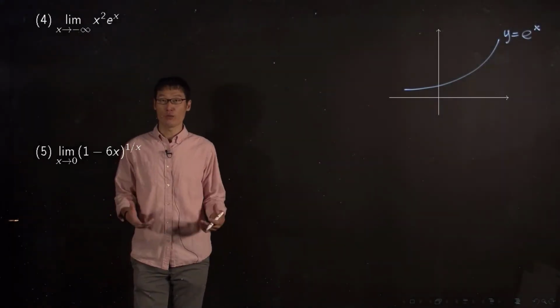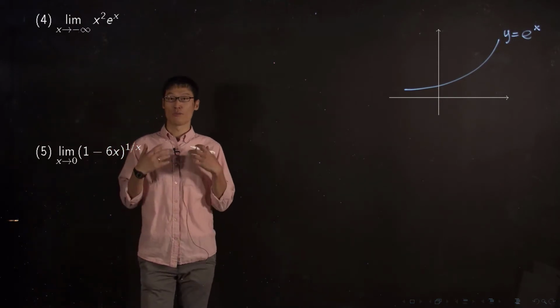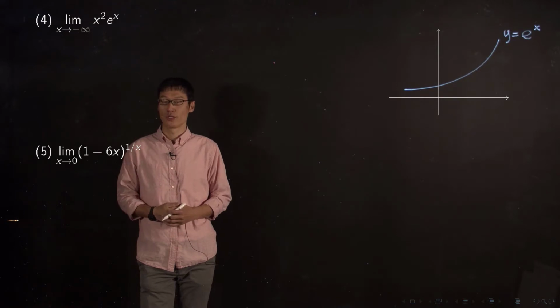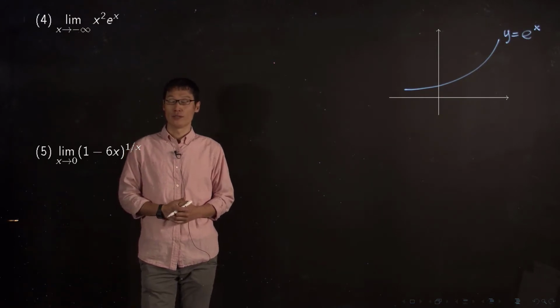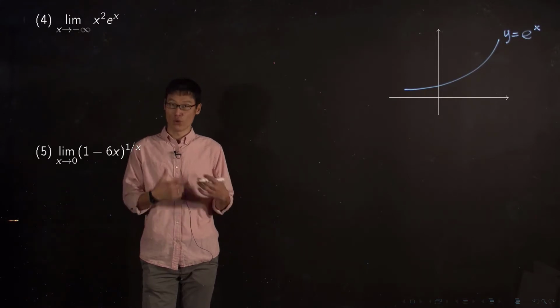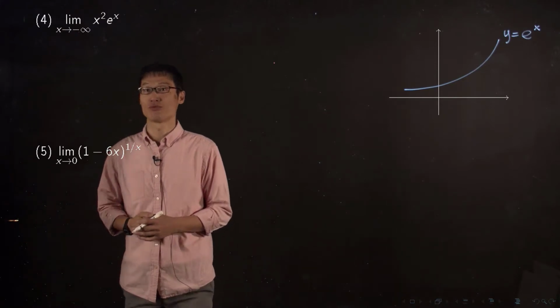All right, the following examples are more advanced ones. We want to apply L'Hopital's rule to find limits of those expressions. Well, we need to rewrite the expressions a little bit before we apply L'Hopital's rule. Basically we have a product of two functions.